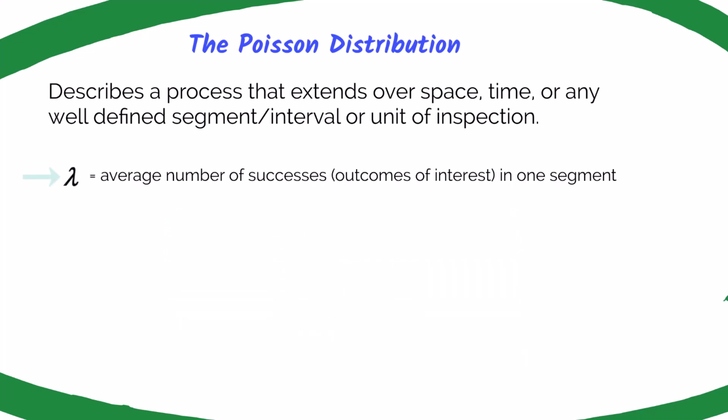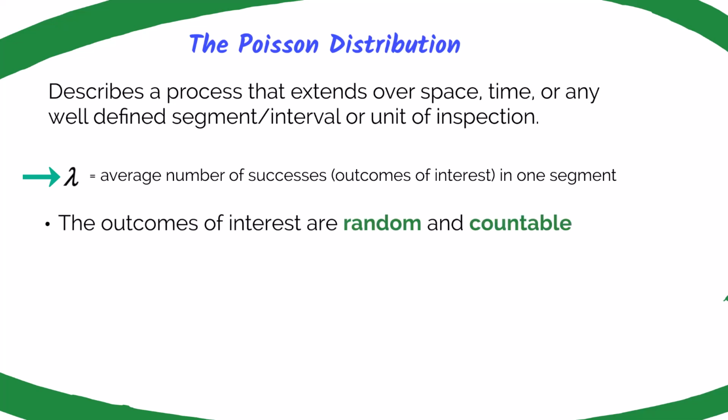So here is the symbol lambda, and this is the average number of successes or outcomes of interest in our one segment. Using the pothole example, perhaps the average number of potholes is 3 in a city street. With the Poisson distribution, the outcomes of interest are random because we're working with a discrete random variable, and they are countable.